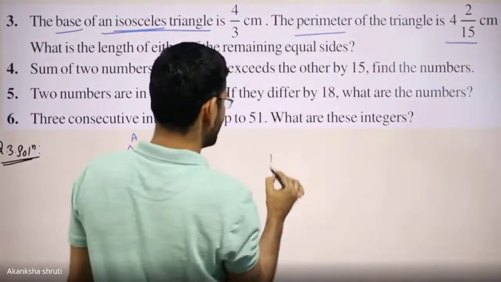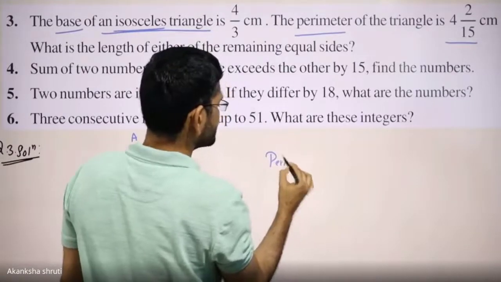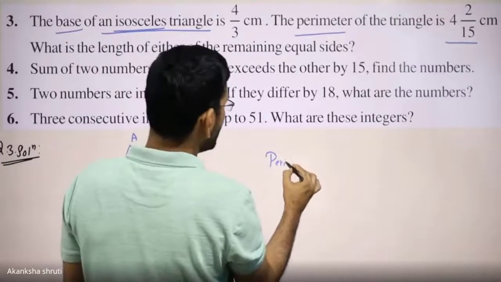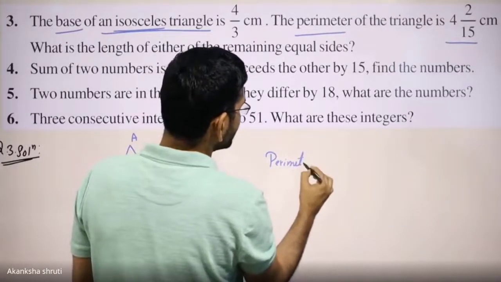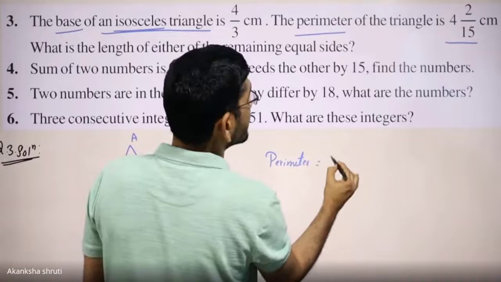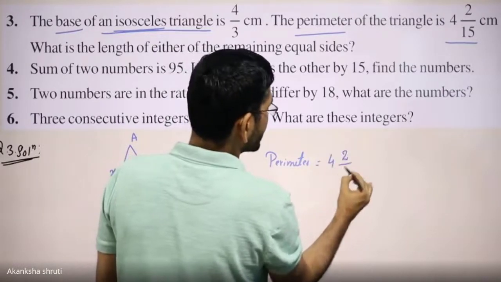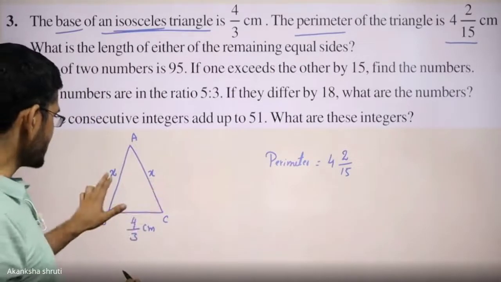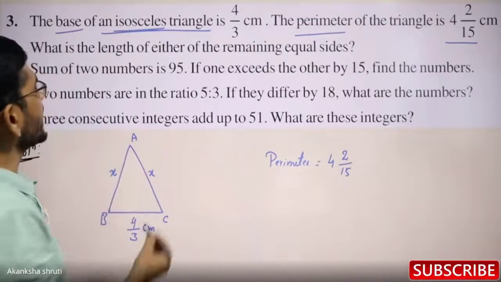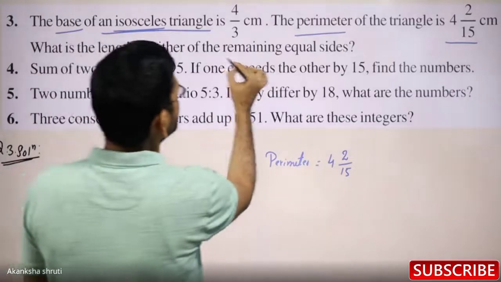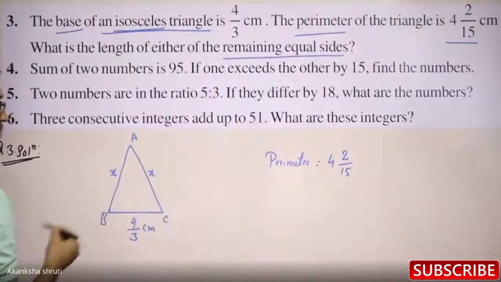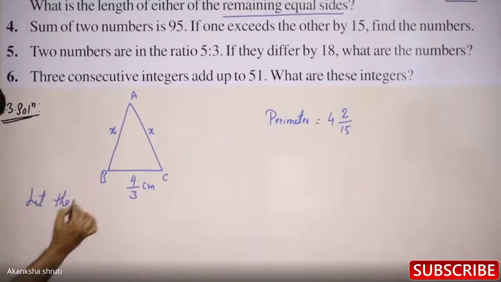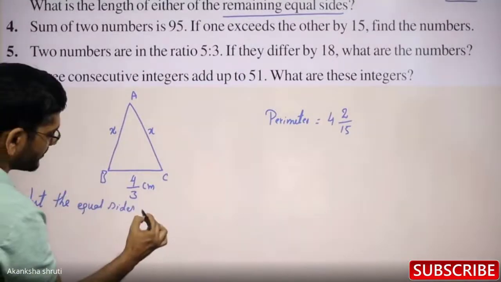Now this perimeter is the sum of the three sides of a triangle. So here it is given that the perimeter is 4 2 by 15. Now from this triangle we have assumed the unknown quantity, the remaining equal side. So students, you must write the statement like this: let the equal side be x.